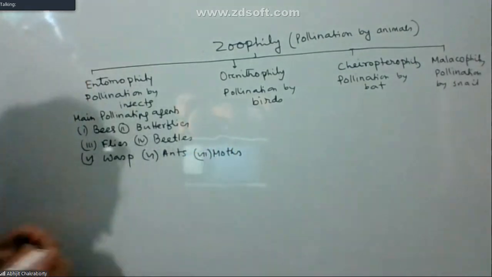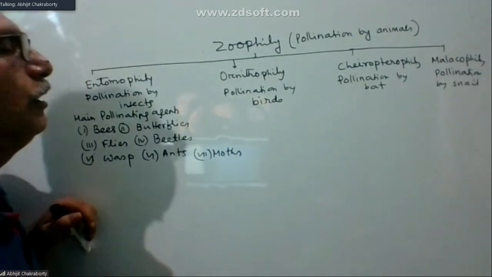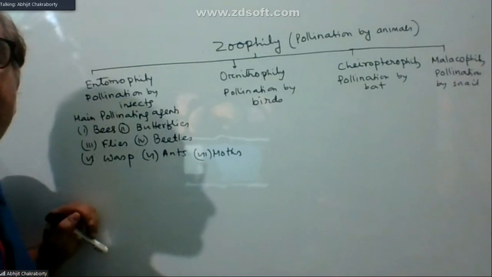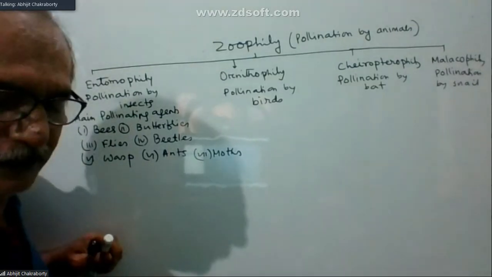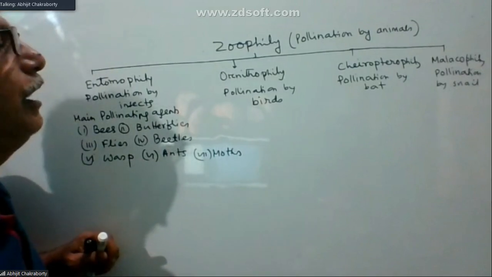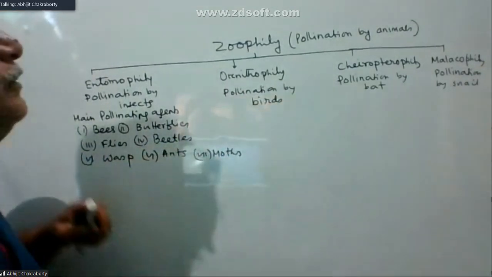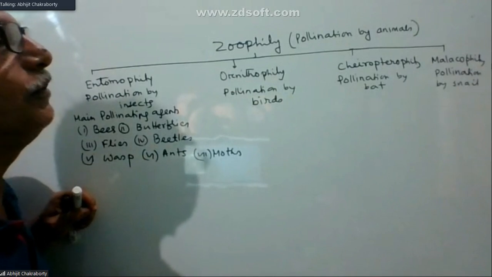Moths. Now, first of all, we have to consider the general characteristics and then some special characteristics found in special cases. Now, I have to wrap these three parts now: ornithophily, chiropterophily, and malacophily.